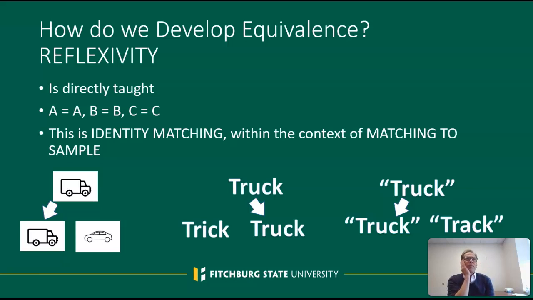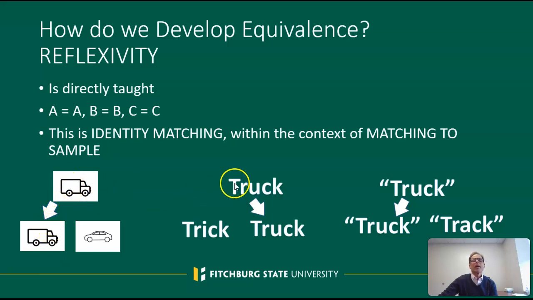So how do we develop equivalence? First, it's about reflexivity, and this is something that is directly taught. So we would teach A equals A, B equals B, C equals C, to get a learner to be able to match these things. This is essentially identity matching within the context of matching to sample. In the three examples that we have here, we have a picture of a truck, and we directly teach matching the picture of the truck to the picture of the truck.